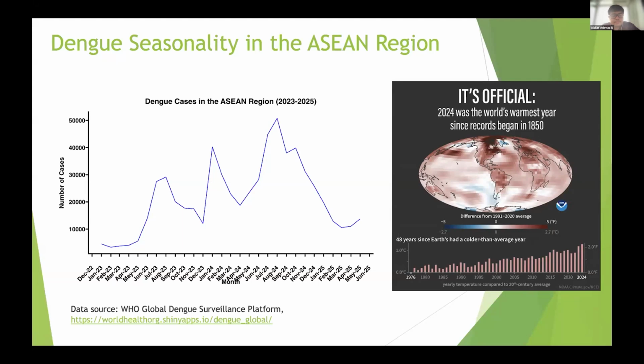With global warming, it also affects arbovirus diseases like dengue or malaria. WHO responded by developing the global dengue surveillance platform to monitor the current situation of dengue, and to forecast the future of dengue related to global warming.